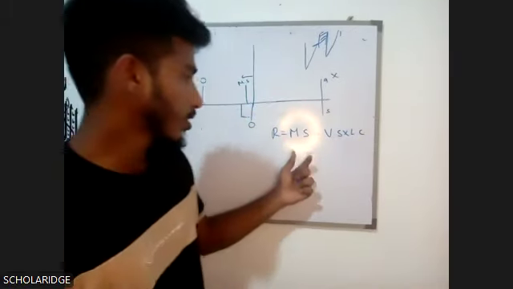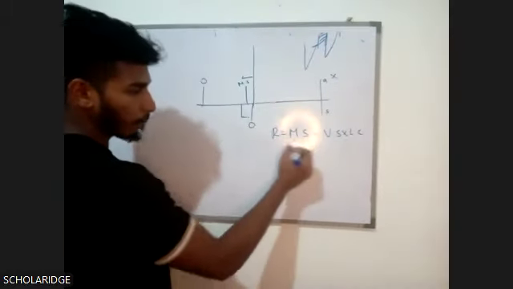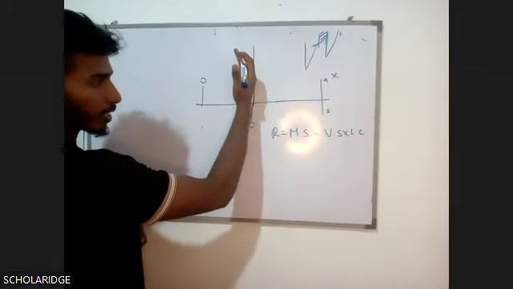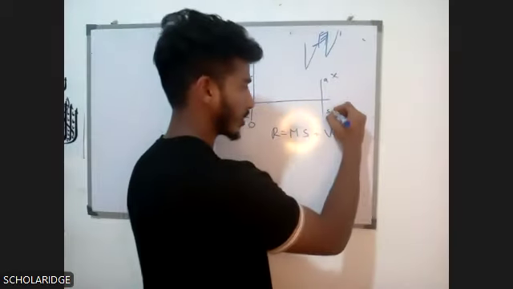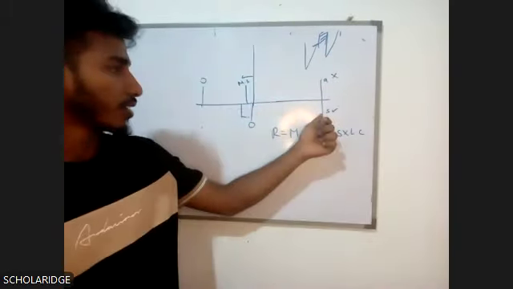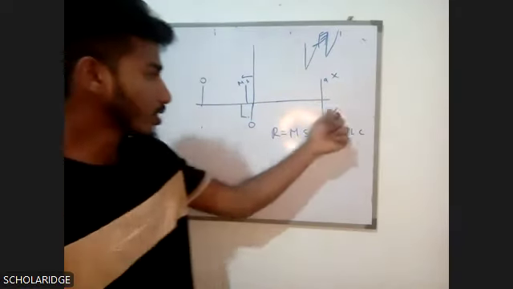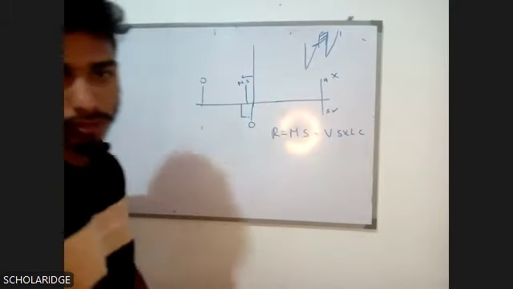My main scale is going to be the mark before this line, and my vernier scale is the point where these used to coincide, multiplied by my least count.